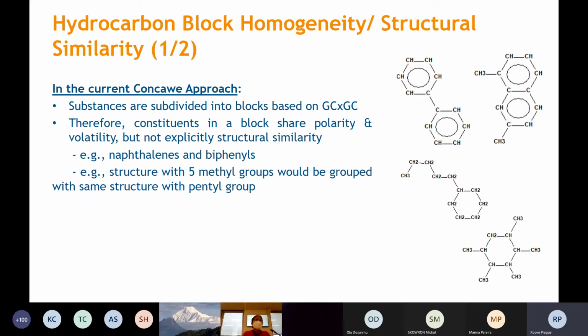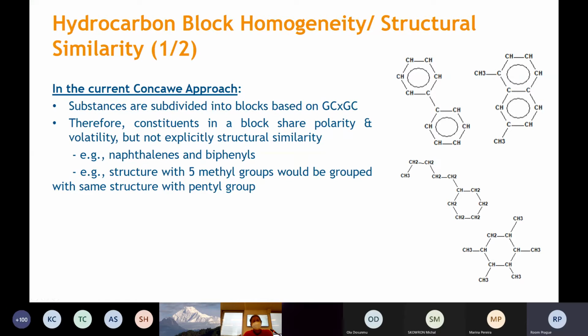Therefore, we know that the constituents in a block share polarity and volatility, but not explicitly structural similarity. So there will be cases where things that are not structurally visually similar would be put in the same group. For example, the naphthalenes and the biphenyls.